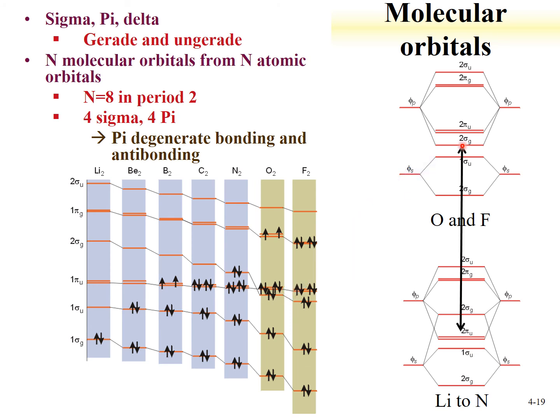So we can see that this difference, not in the first 2 orbitals, but once we get to the 3rd and 4th orbital, we get this change from lithium to nitrogen being 1 set, then oxygen and fluorine being another set, and actually derives some of the properties of oxygen having 2 unpaired electrons.